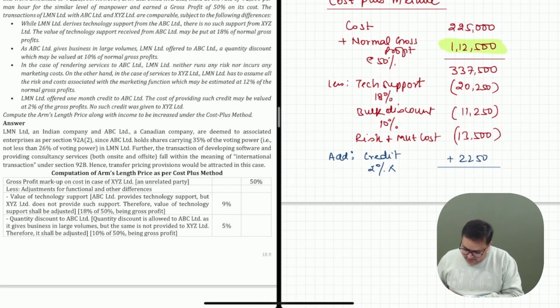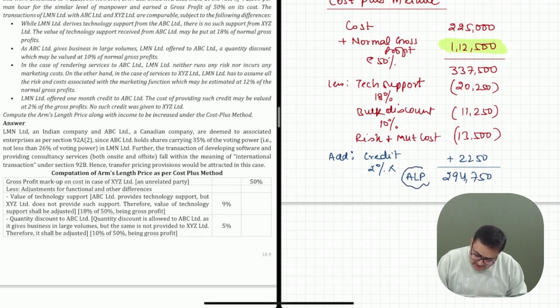3,37,500 minus 2,250 minus 11,250 minus 13,500 plus 2250. So this is 2,94,750, which is actually the ALP.